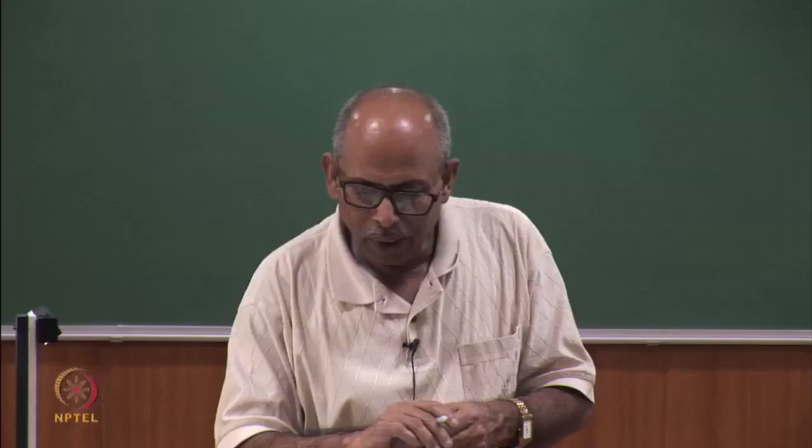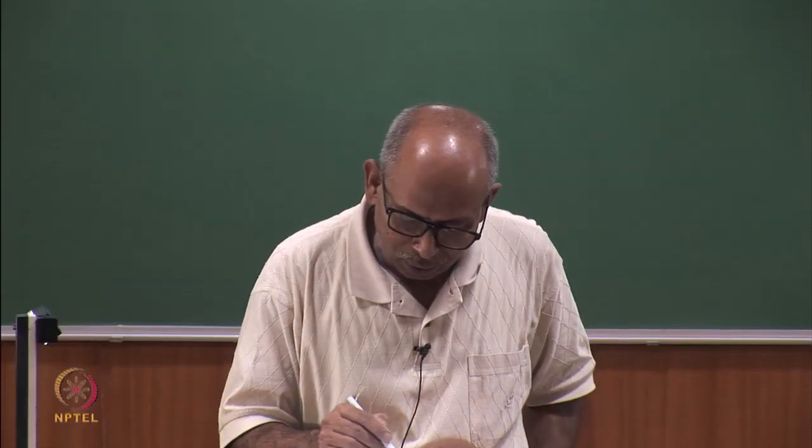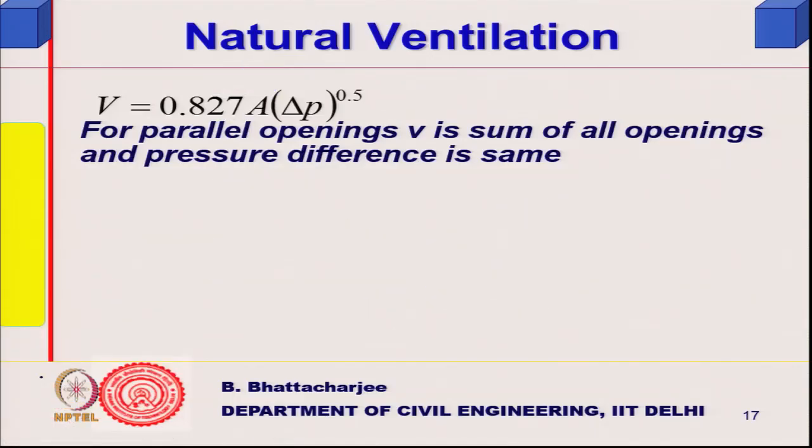This is what we take for granted for our purpose, that the flow is around 0.827 A into delta P to the power 0.5.